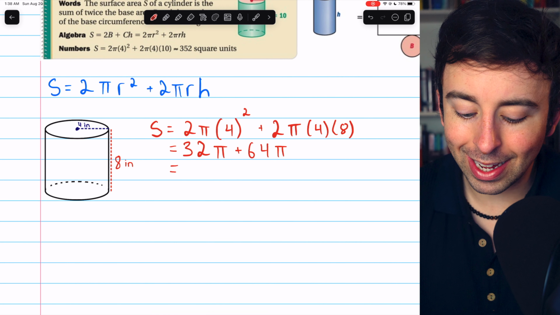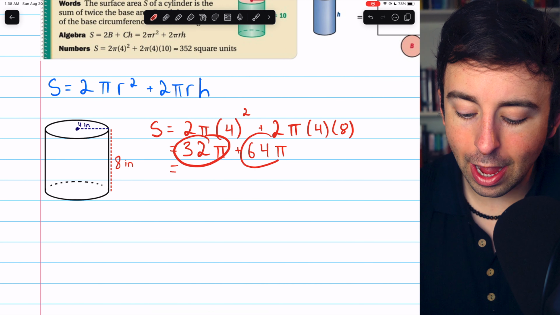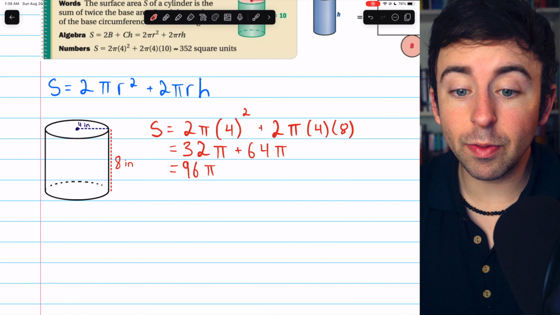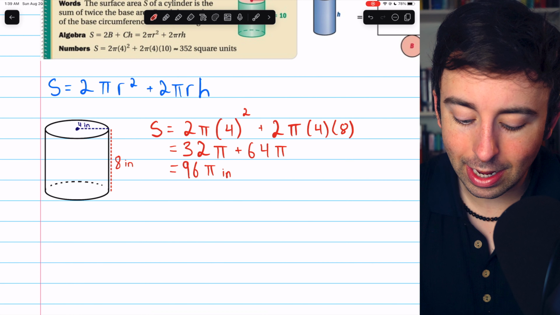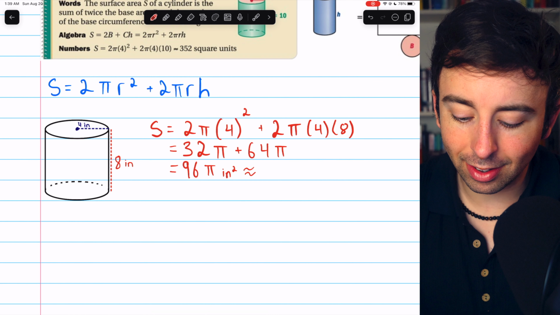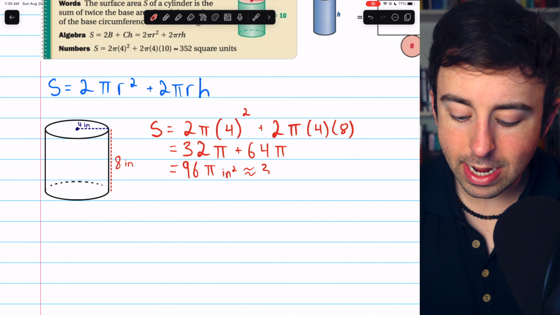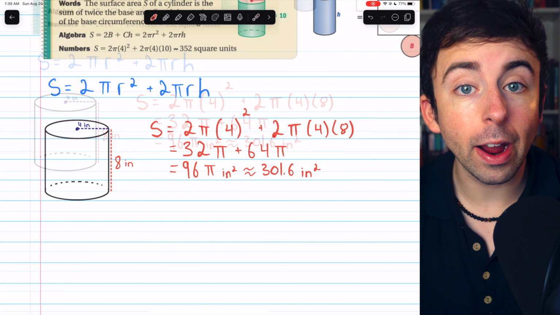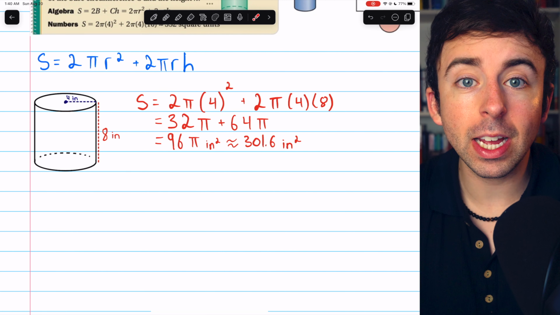We can then combine these. If we have 32 pi plus 64 pi, that's a total of 96 pi. We could leave it like this, 96 pi inches squared, or plug it into a calculator and find that this is approximately 301.6 inches squared.